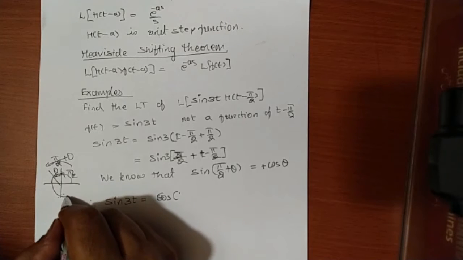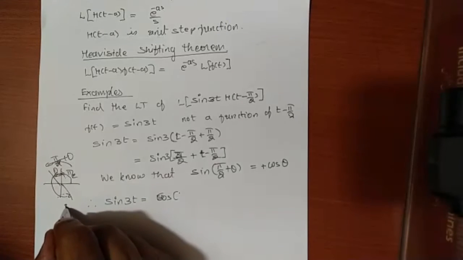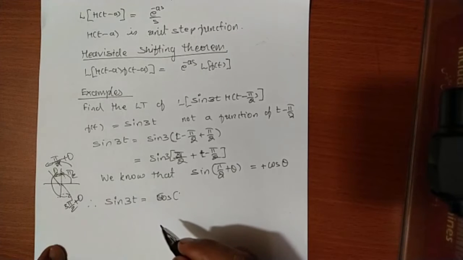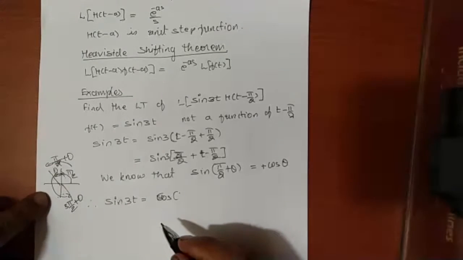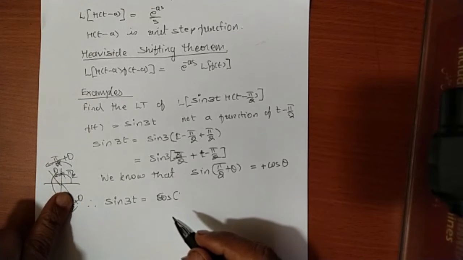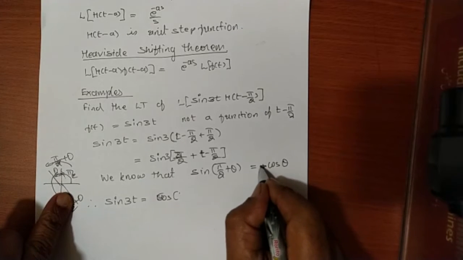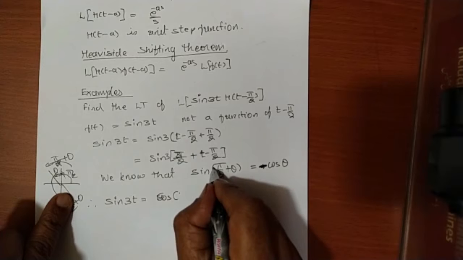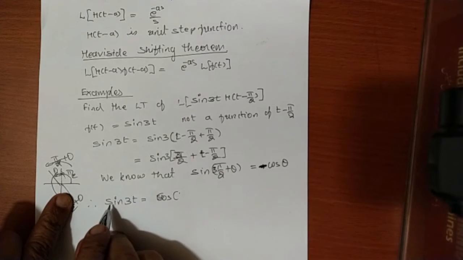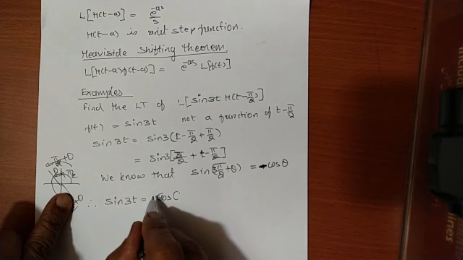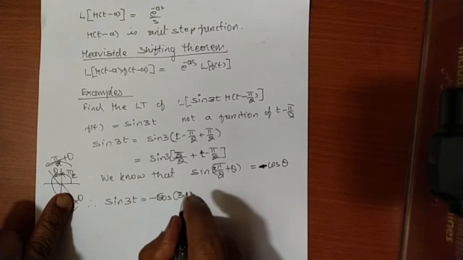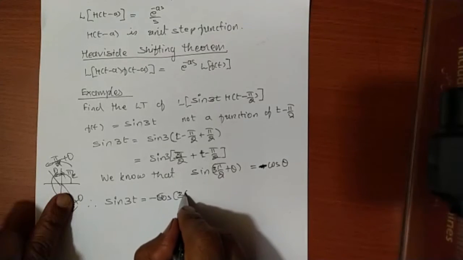So it becomes 3 pi by 2 plus theta, which lies in the fourth quadrant. In the fourth quadrant, except cos, all are negative. So sine 3 pi by 2 plus theta is minus cos theta. So sine of 3t will be minus cos of 3 times t minus pi by 2.